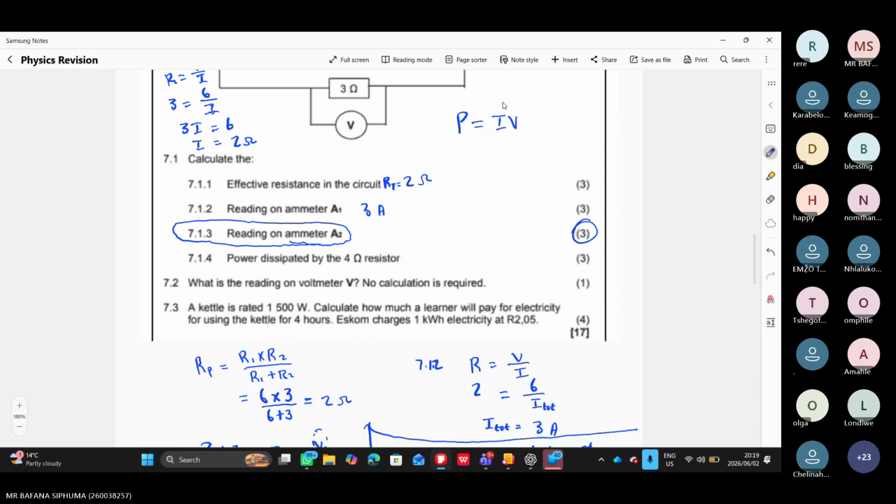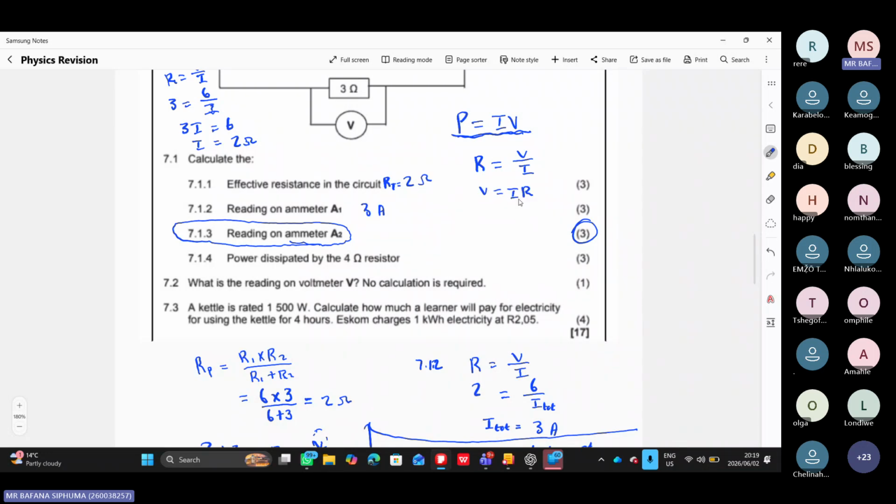Then now, if you know this formula, you know almost 3 formulas, because what you are going to do is take your current I there. You have V over I, your original formula. Now you make I the subject of the formula, so you have V is equal to IR.